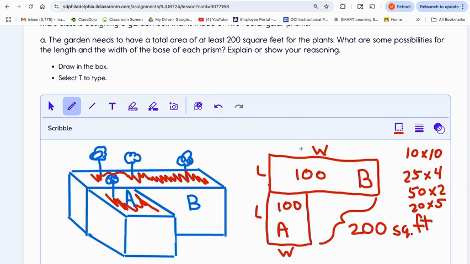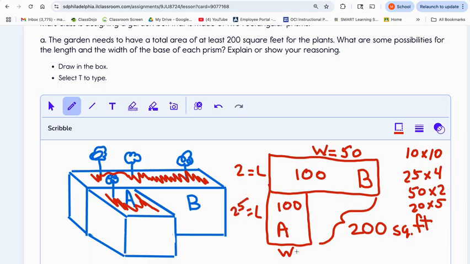And now I have to choose a set of factors to represent the length and width for the first rectangle, so I choose 50 as the width and 2 as the length. And now I need to choose another set of factors for the second rectangle.